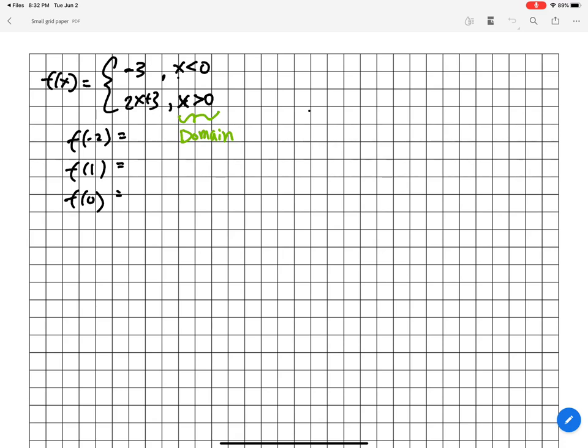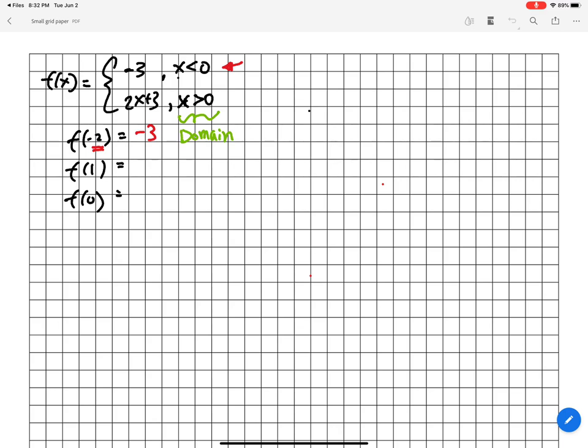Let's figure out f of negative 2. That means I have to find when x is less than 0, so I use the first equation, because it happens when x is less than 0. So f of negative 2 is negative 3.